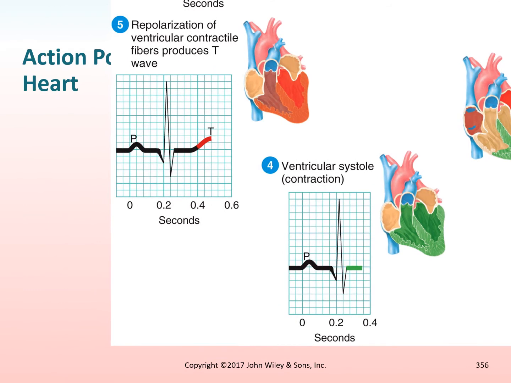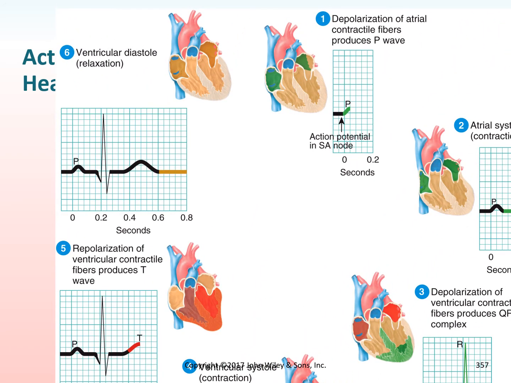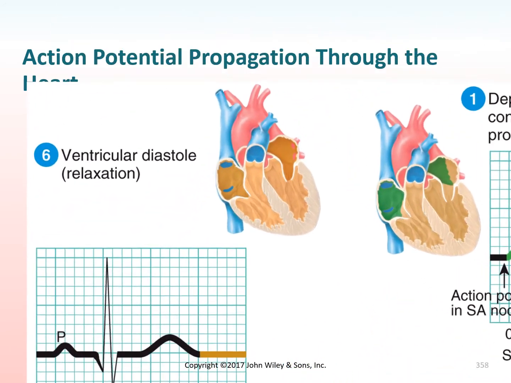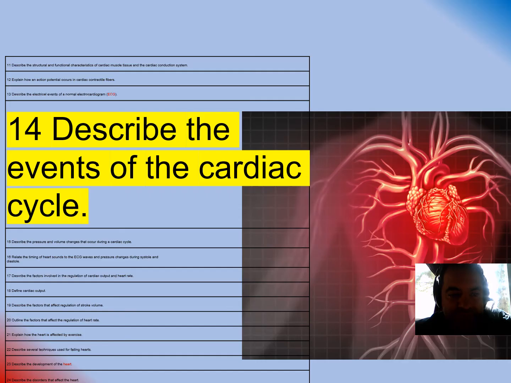And this T wave is repolarization, where the muscle goes back to the way it was before. And it's ready to do it all over again. When the ventricle is filling with blood, it's called diastole. It's called the relaxation phase, when it's filling with blood.